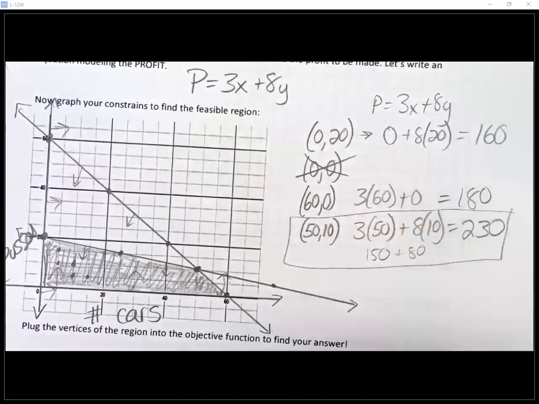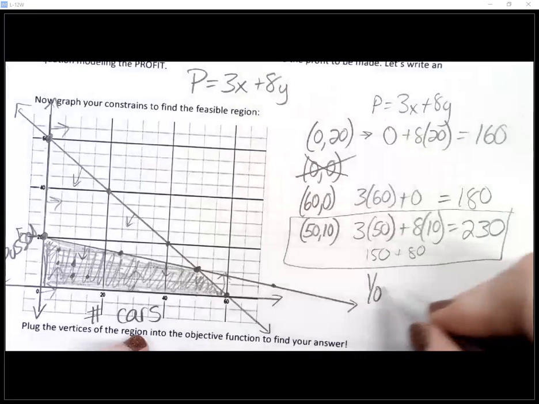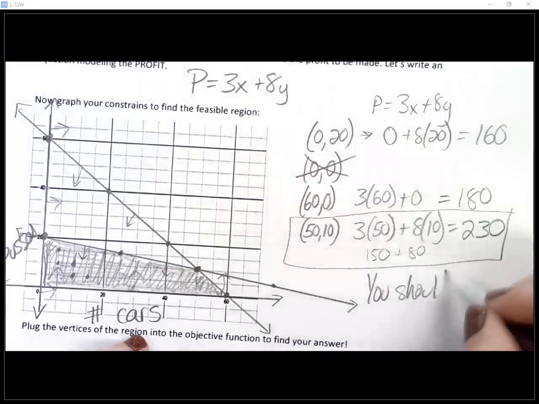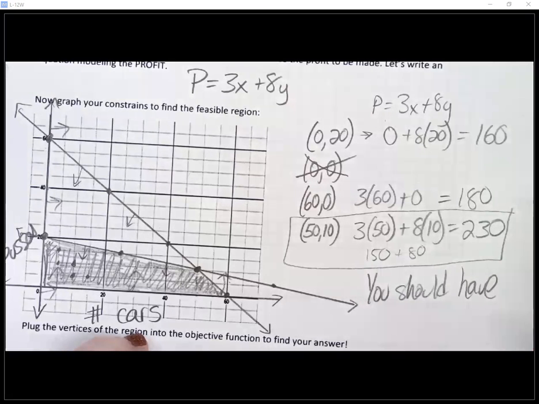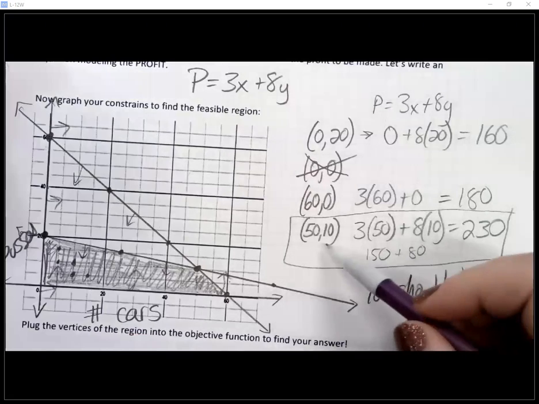So what does that mean? If you had to write a sentence answering the question, what would it be? How many cars should I have? 50, right? Remember, we said that X was cars.